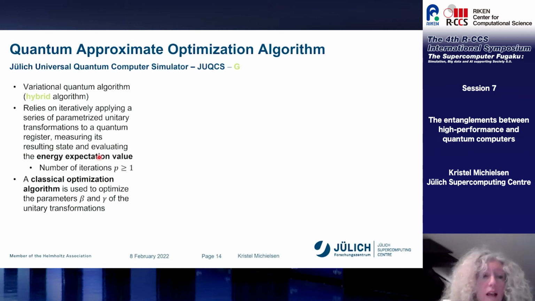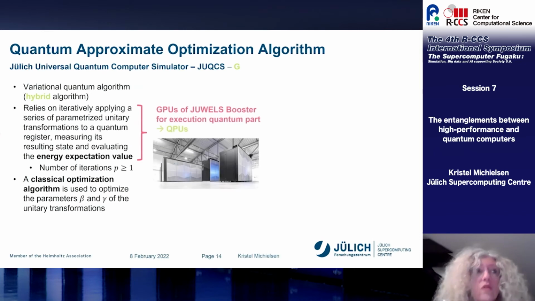And then one has to measure the resulting state and evaluate the energy. And we then also have this classical optimization algorithm, which we carry out on a conventional machine. And this part is used to optimize these parameters, beta and gamma, of the unitary transformation.